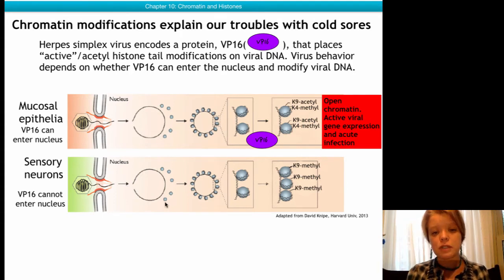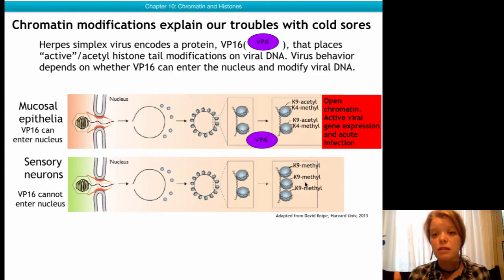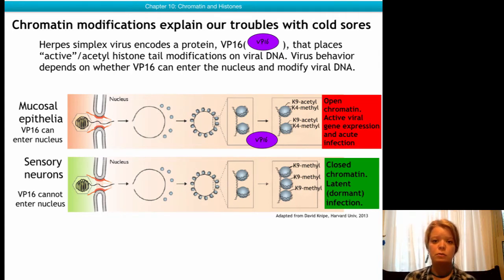And the cell's histones come and bind the DNA and create these nucleosome structures. And then, since there's no VP16 to cause acetylation of K9, K9 is methylated, which keeps the viral genome closed, in closed chromatin conformation, and no viral genes are expressed. So the infection goes latent or dormant inside sensory neurons.